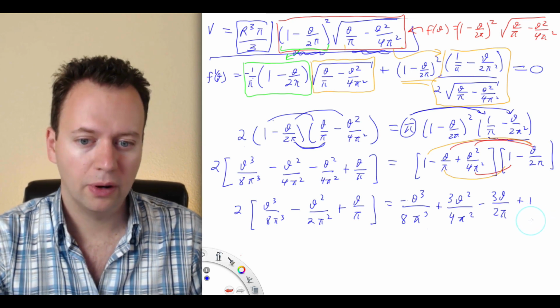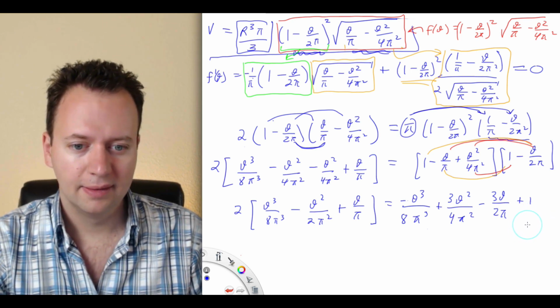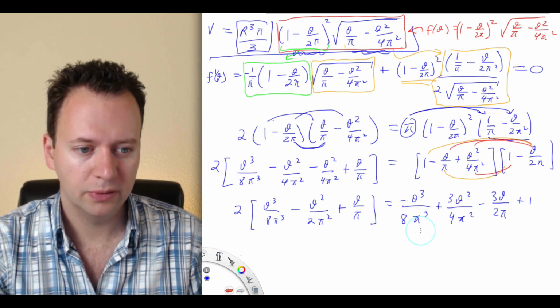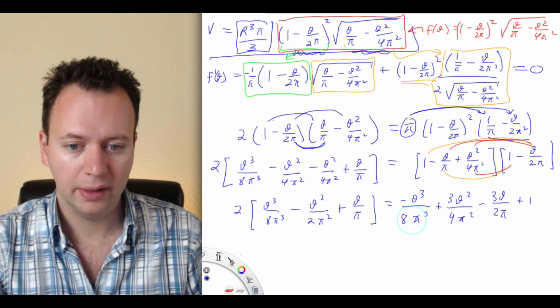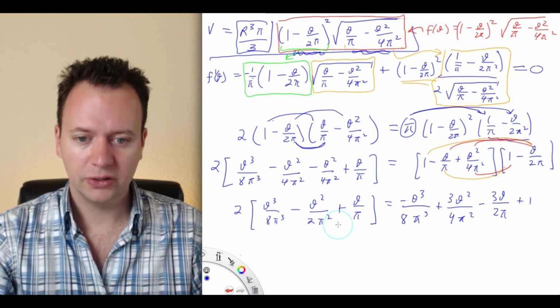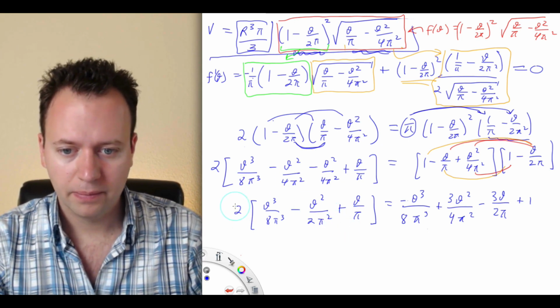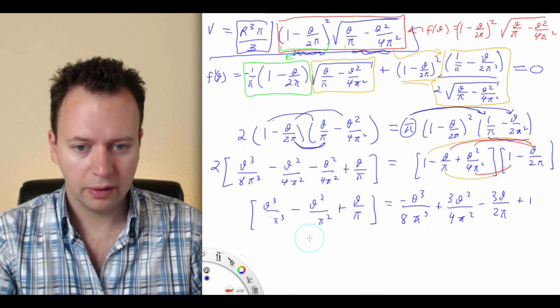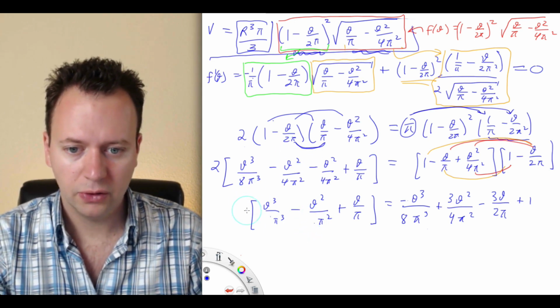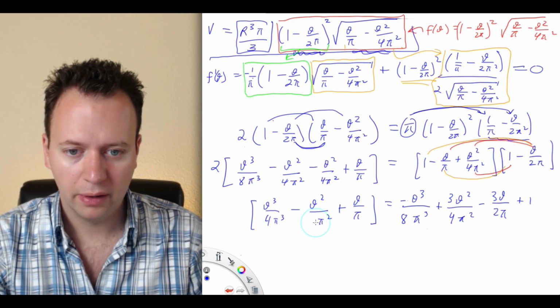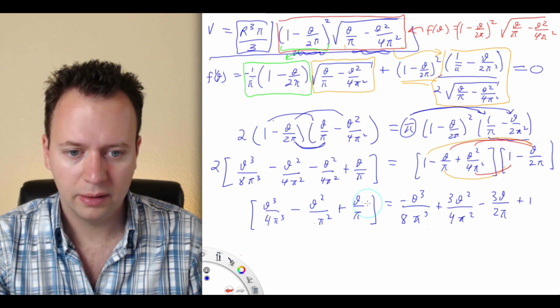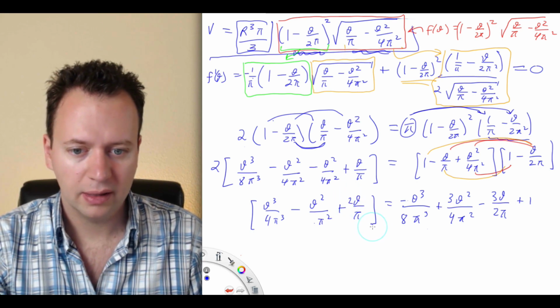Okay, well at least we're approaching an equation here, even though unfortunately the theta cubed terms do not cancel out like I was hoping. Let me factor in this 2 over here. So 8 becomes 16, 2 becomes 4. No, wait, this 2 was up here. So this 8 becomes 4. This 2 becomes 1. And this becomes 2, like that.